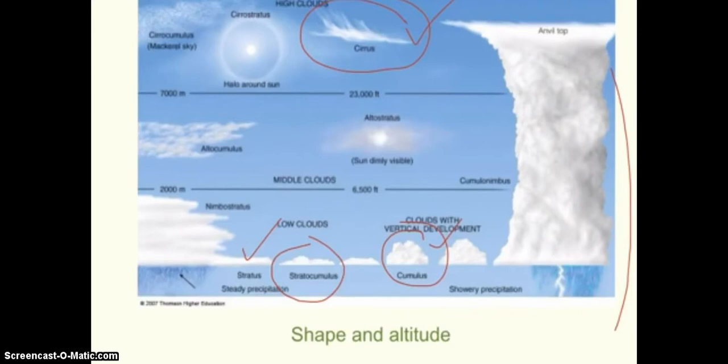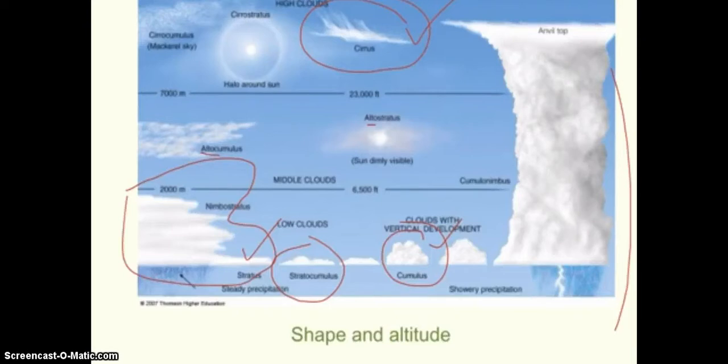The high clouds we usually think of as being cirrus clouds, those really thin, wispy horsetails. In the middle clouds, you see the altocumulus and altostratus. That alto prefix is used for middle clouds. And then down at the bottom, the low clouds, you see that nimbostratus cloud right there. That is associated with precipitation.